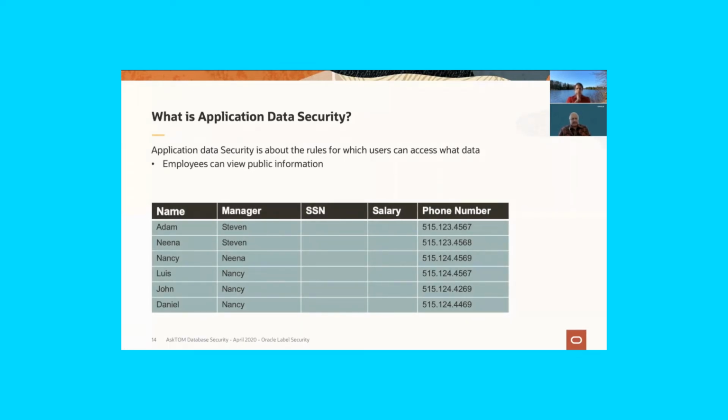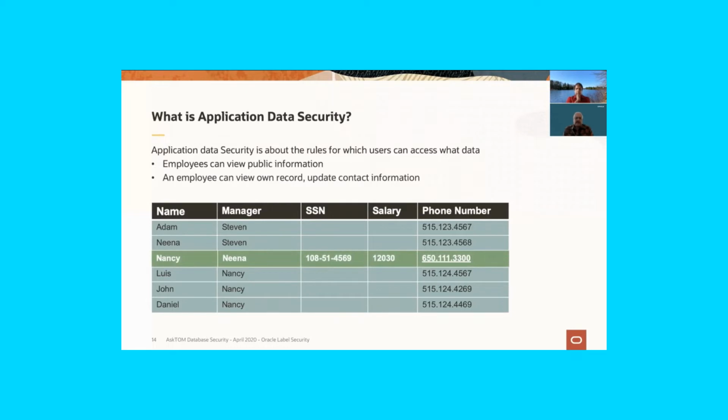So let's say you have an HR database, an employee can view public information. So they can view the employee name, manager, let's say some contact information. They cannot view information about salary or a personal identifier.